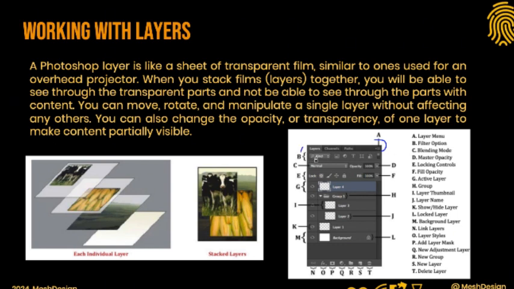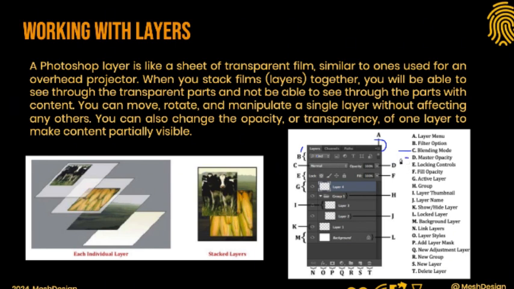You have to choose the type of filter you want to use, but it's normally at kind. And then C is blending mode: how you want a particular layer to blend in another layer.